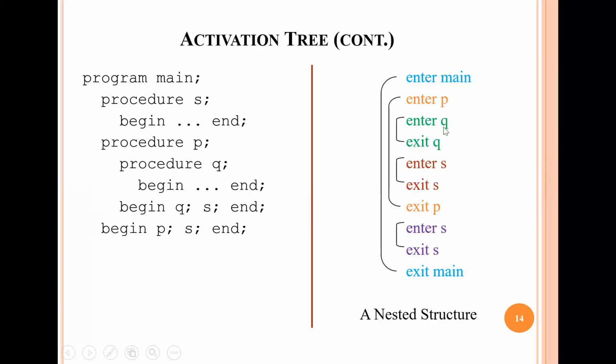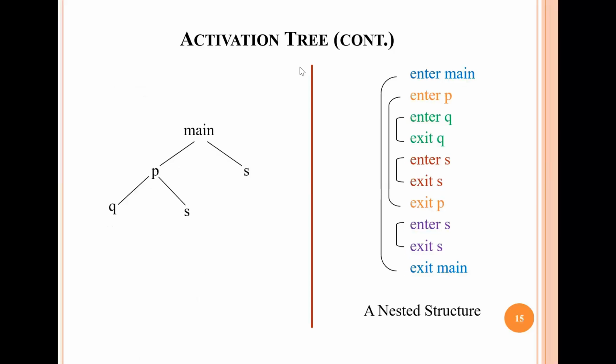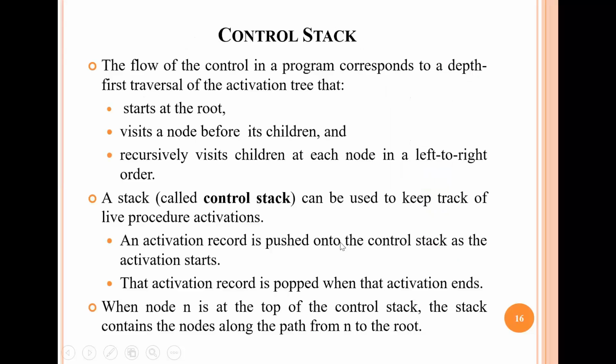Within P, we have a call to Q and S, and we have a separate call to S also. So this is a nested structure of activation. Again, if I represent this in the form of a tree, main is giving a call to P, P is further giving a call to Q and S, and main is also independently giving a call to S.